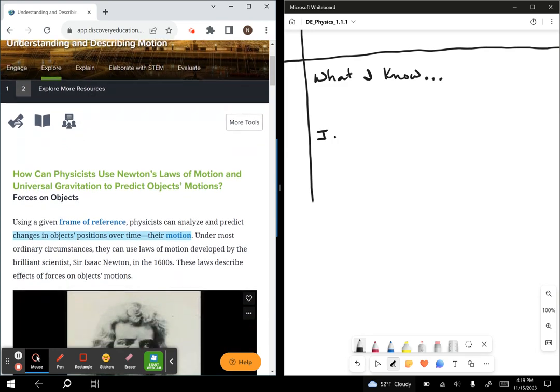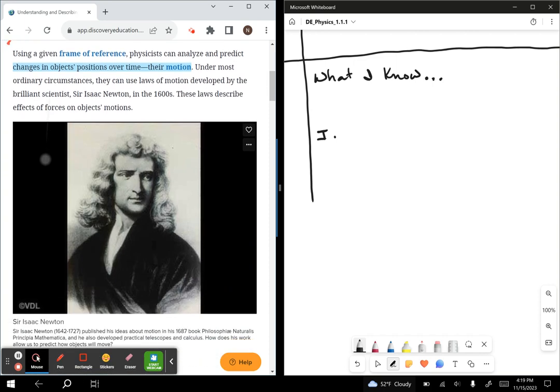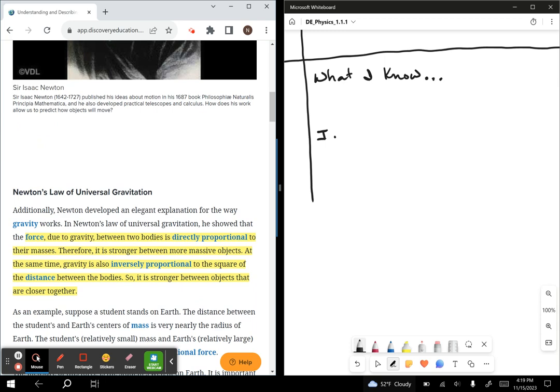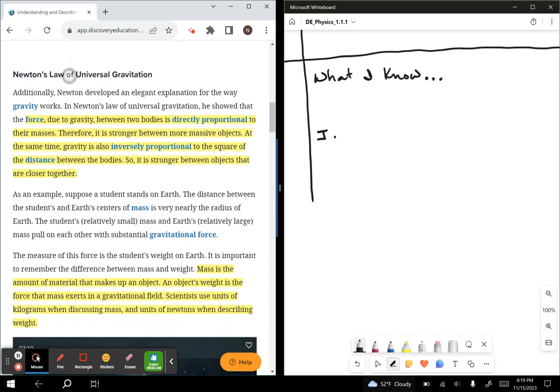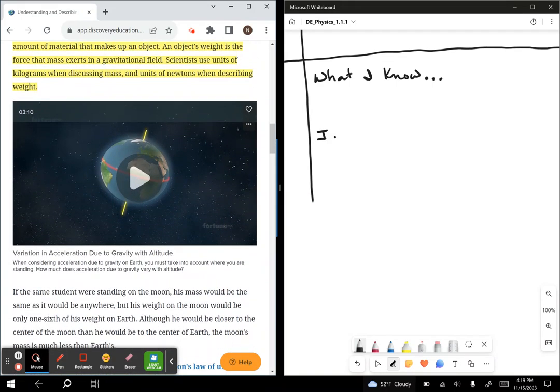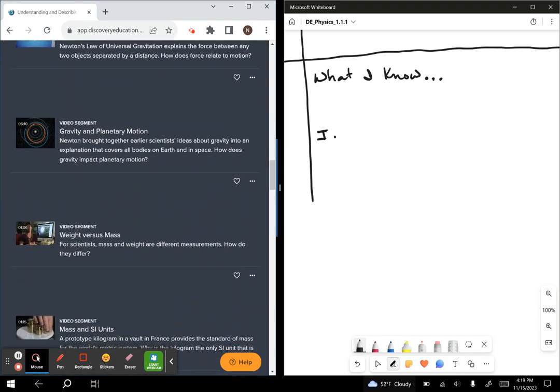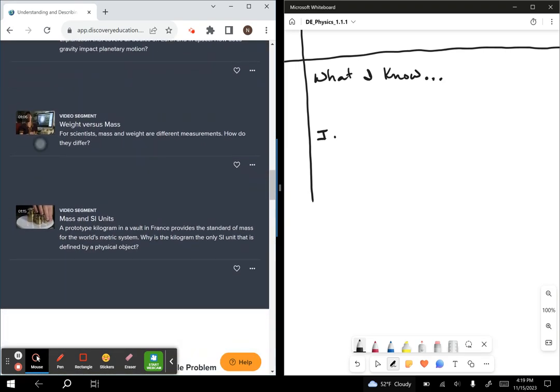I can see that we're going to talk about forces on objects. I'm taking a look at these paragraph titles here: forces on objects, Newton's laws of universal gravitation. I can see I've got some vocabulary words in here, and some videos to help me in my understanding.